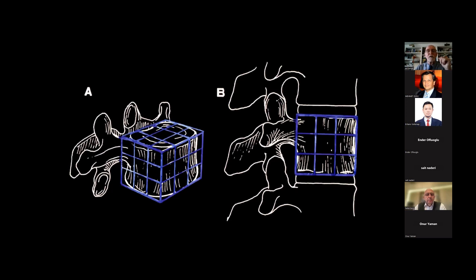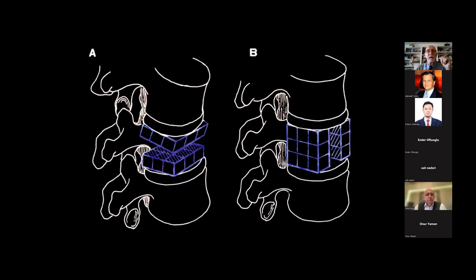If we think of the vertebral body as being a 3 by 3 by 3 Rubik's Cube, we can then divide it into segments, and removing the middle third of the cubes would be akin to a compression fracture.